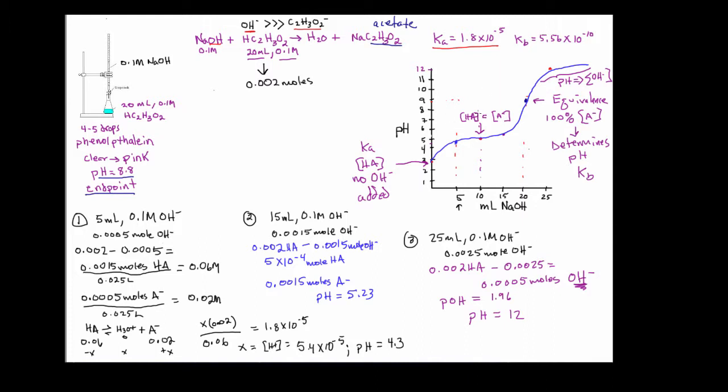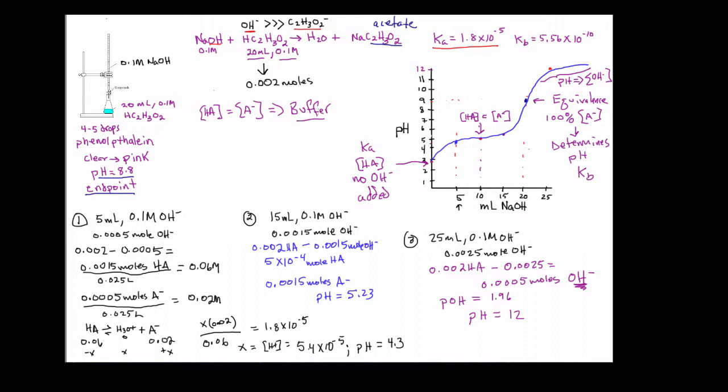All right, now I want to come back to the midpoint of this line in here. All right, the place where your HA is equal to A minus. This represents a solution we call a buffer. All right, and I'm not going to write this completely out, so you're going to have to listen carefully to my words.